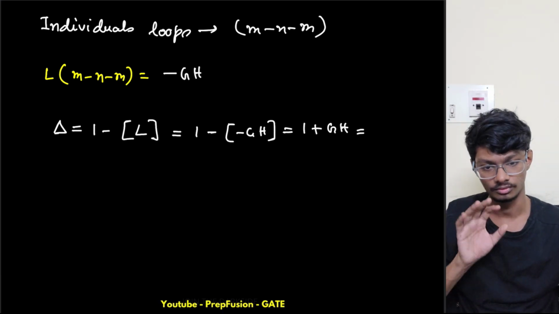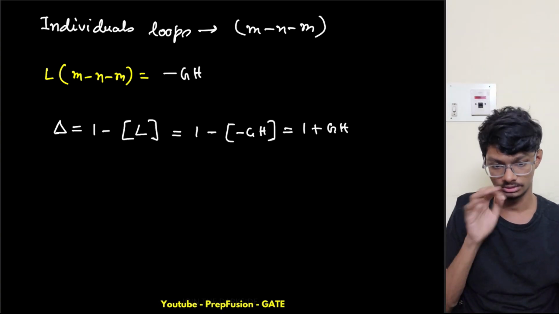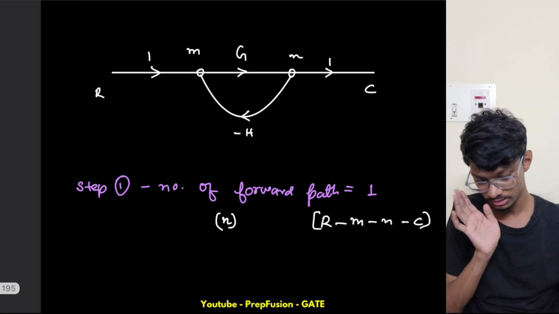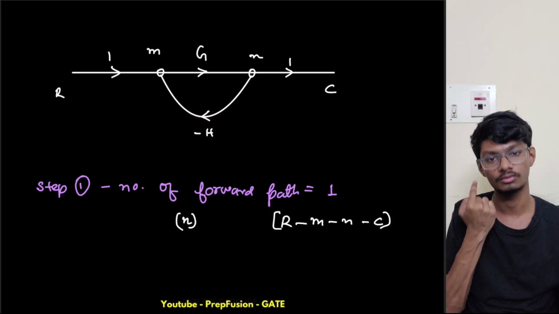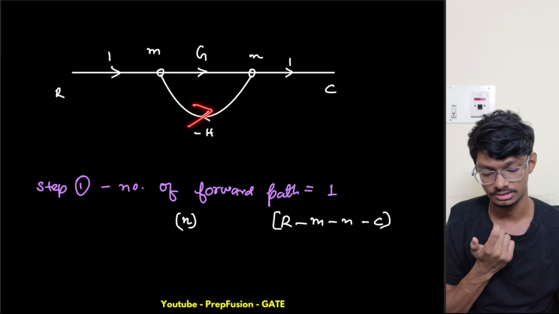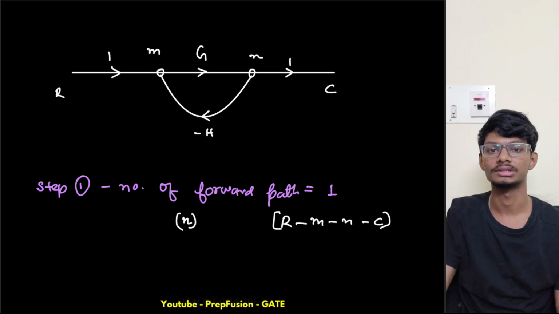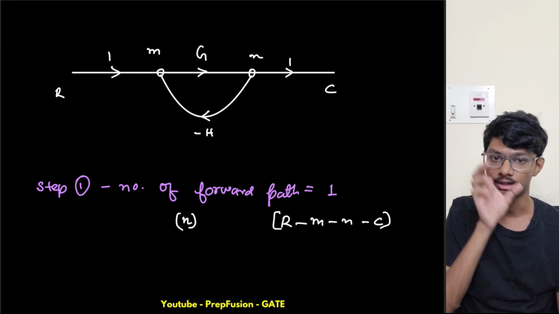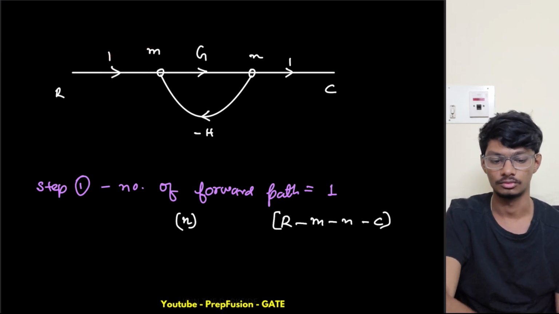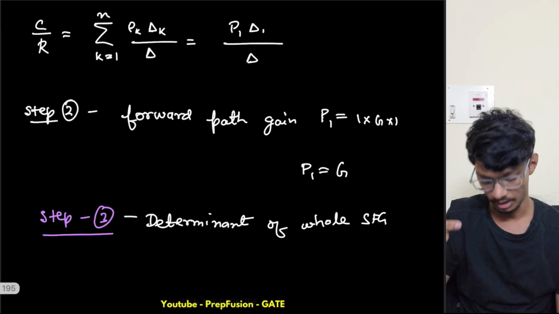This is our determinant for the particular SFG, okay. An important thing to note here is you should not change any signs or direction. What if you want to change the flow direction and change the sign also? No, you can't do it in an SFG, okay. It may be mathematically correct, but it will cause errors in the calculations, so don't do that.